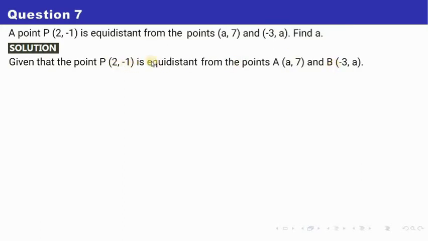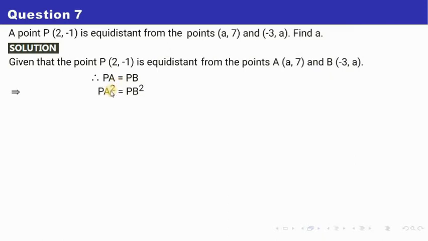Given that this is equidistant from this point, which I have named A, and this point, which is named B. As I said, PA must be equal to PB, right? So we have PA equals PB. Now if you put the distance formula, P and A both have coordinates, so you will get a square root sign. Later on you need to square both sides in order to get rid of the square root sign, so here only you can put the square as well.